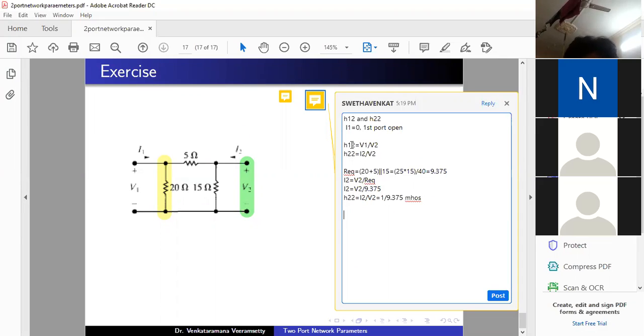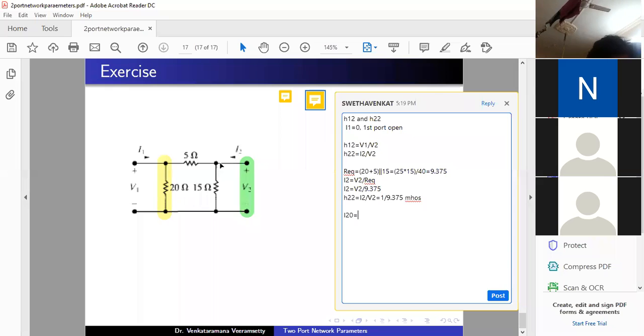Now I want to calculate H12. For that I need to calculate V1, the voltage at the first port, which is the voltage across the 20 ohm resistance. First I have to calculate the current flowing through the 20 ohm resistance, I20.